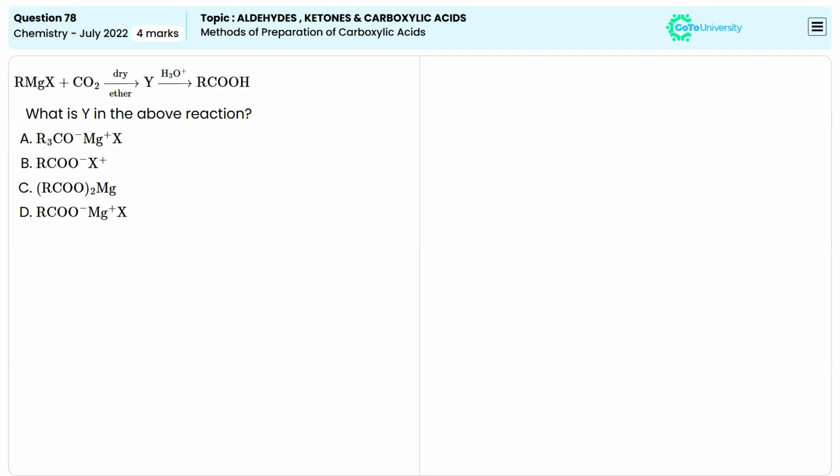In this question, we have to find out the product Y in the given reaction. So here we can see the Grignard reagent RMgX reacting with CO2, right? So first of all, let us write the reaction. CO2 reacts with RMgX.